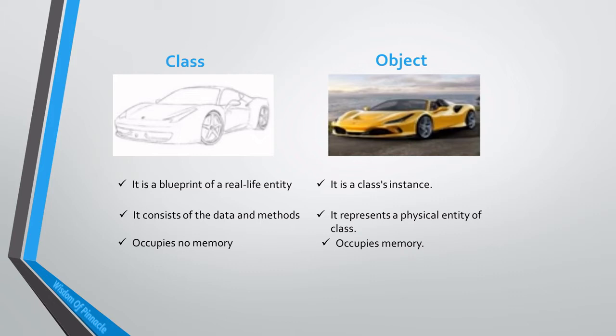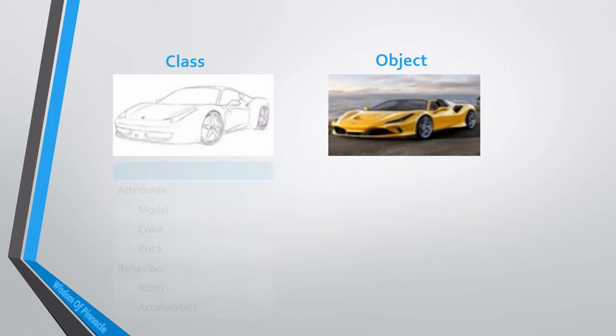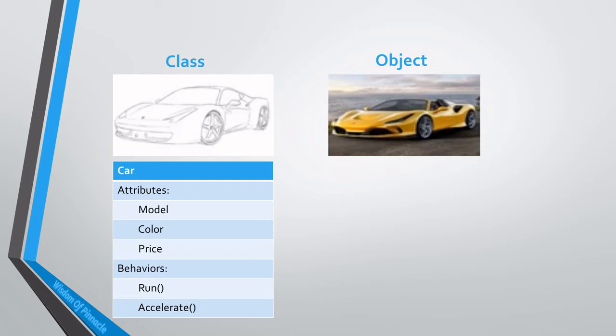Now let us try to understand class and object technically. If I say that I have a class Car, then definitely it would have a few attributes and behaviors. For example, it would have attributes such as model, color and price, whereas behavior would be run and accelerate. Whatever attributes and behaviors are written inside the class, those are by default available to the object.